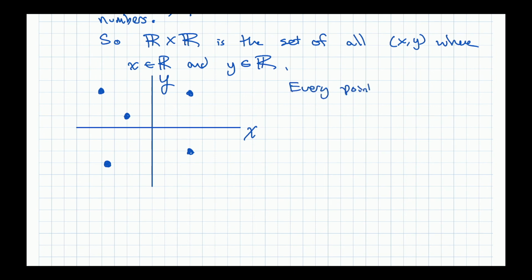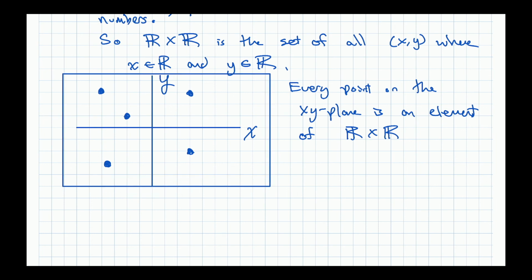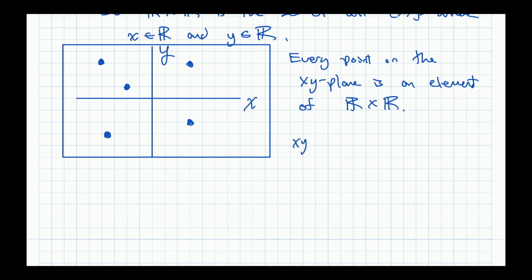Every point on the xy plane is an element of R times R, R cross R, the Cartesian product of R and R. Okay, so you've dealt with Cartesian products before, and the xy plane is also called the Cartesian plane.